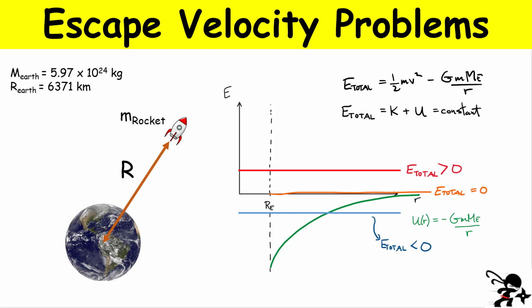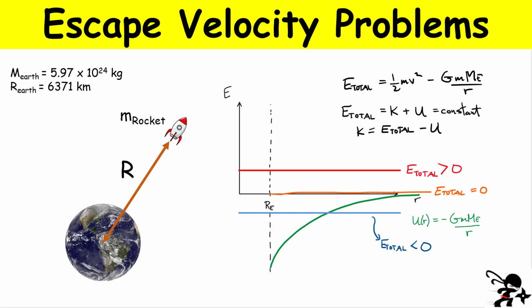At any point, you can calculate the kinetic energy, because the kinetic energy is the total minus the gravitational potential energy. So anywhere on this diagram, I can calculate the difference between the orange line and the green line. That gives me how much kinetic energy I have. For my escape velocity, you can see that the orange and the green lines tend toward each other, so there's no final kinetic energy.